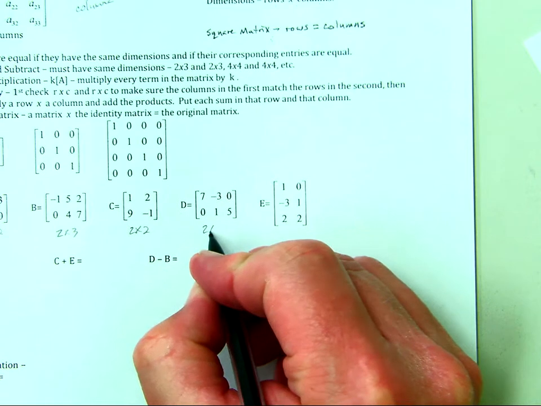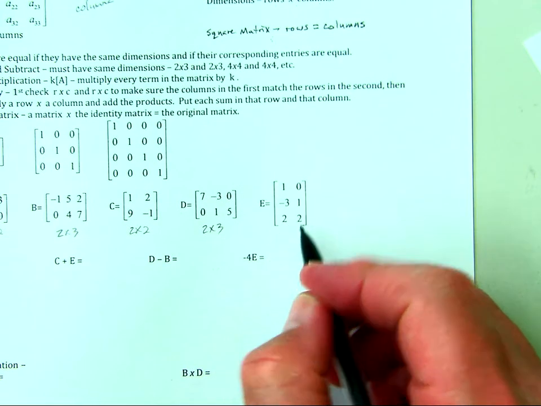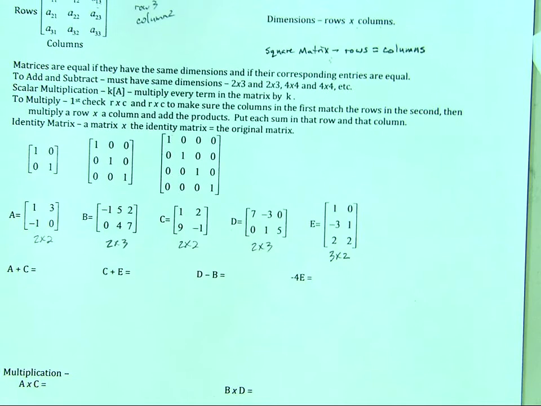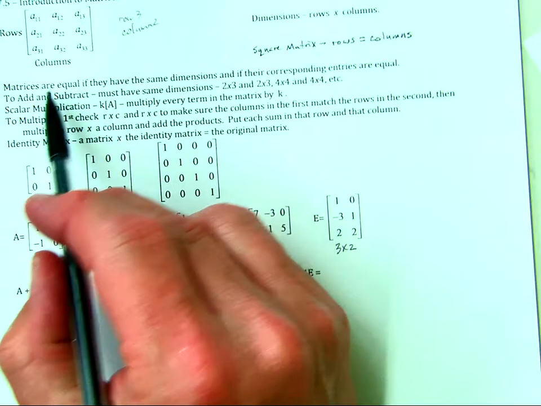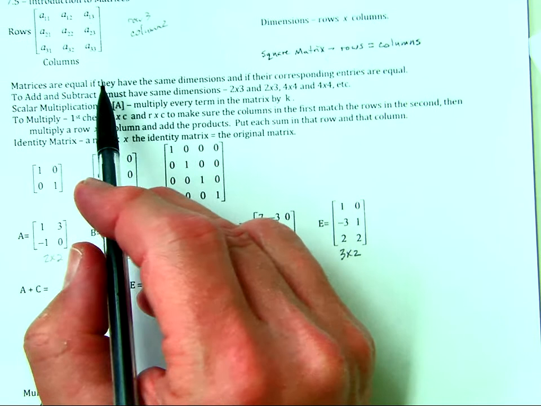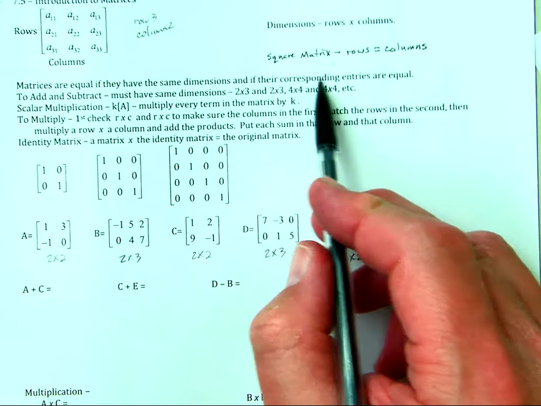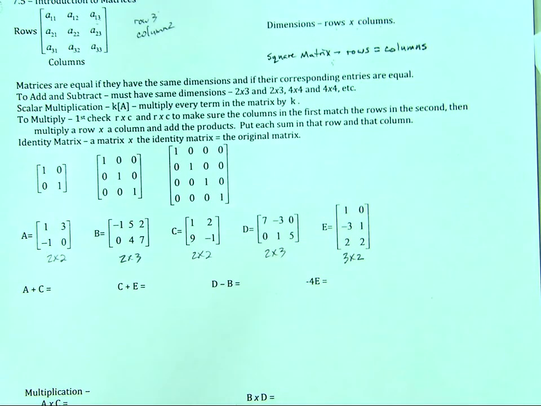It's a 2 by 3. E has 3 rows, 2 columns. It's a 3 by 2. So one of the first things you do when you look at a matrix is look and see what the dimensions are. If two matrices are equal, they must have the same dimensions, of course, and their corresponding entries have to be equal, which kind of makes sense.